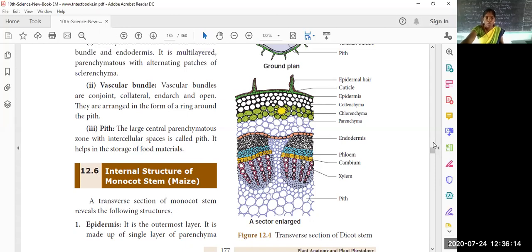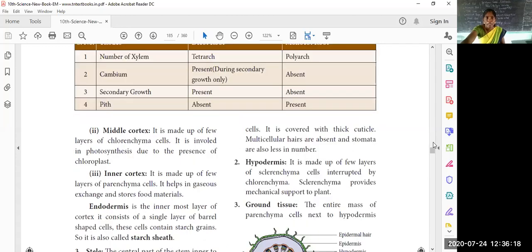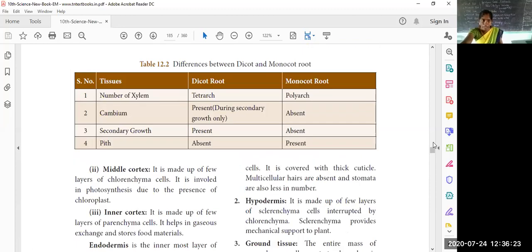So it helps in the storage of food material. Here, the major differences between the dicot and monocot root are given. You may listen. The number of xylem in dicot root is tetrarch, which means only four xylem and phloem bundles are present. In monocot root, it is polyarch, which means many.